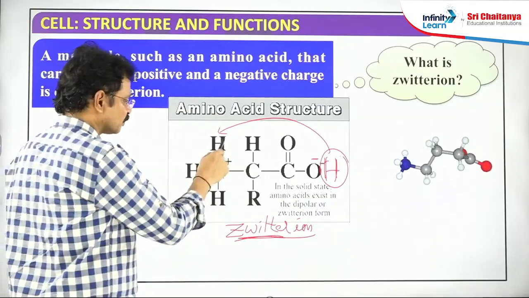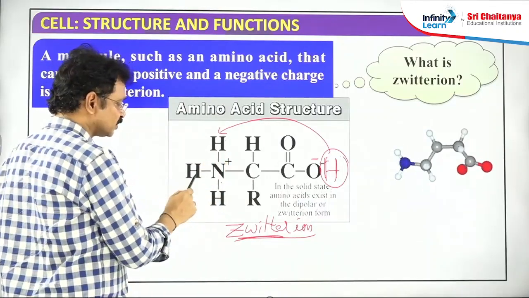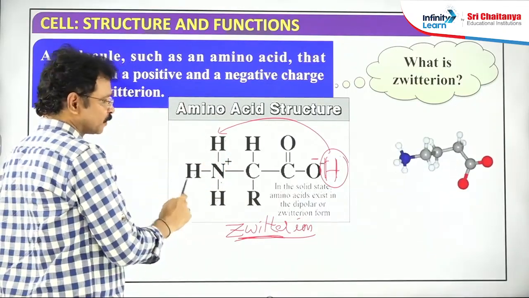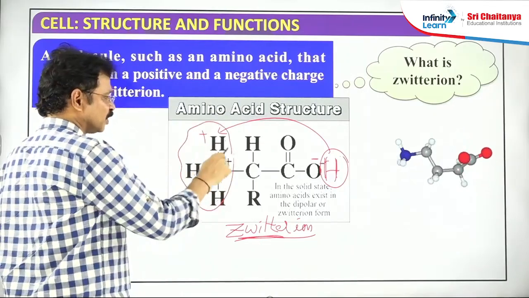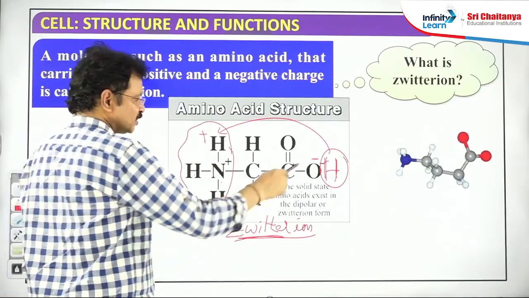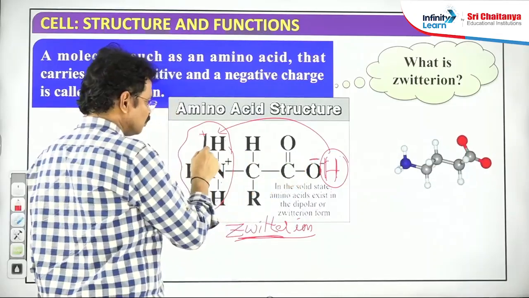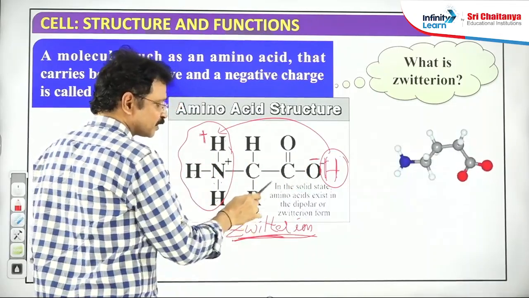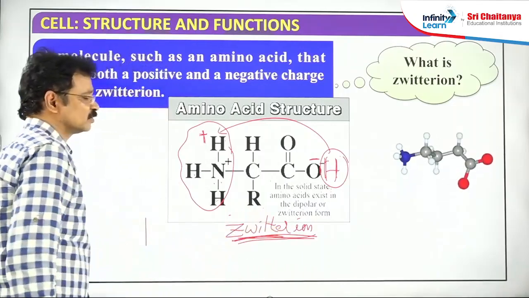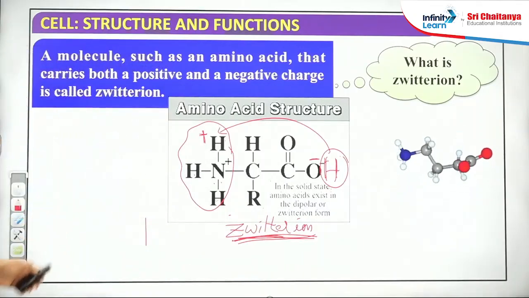Due to the addition of one proton to this amino group, which already has two hydrogens, one H plus is added, giving rise to positive charge. Due to the presence of both charges, negative and positive at once, that ionic nature of this amino acid is the zwitterion. That is the meaning of zwitterion.